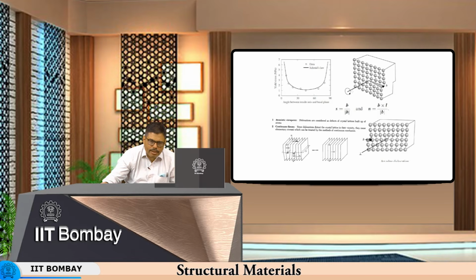If the tensile axis is aligned along the face of the cube, close to 0, the yield stress is very high. As it moves towards 45 degrees, the yield stress is much smaller, and then as it gets again perpendicular, it becomes high again. So that is what is indicated in quantitative terms.